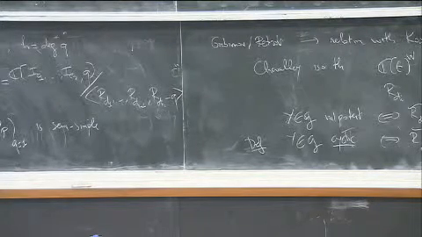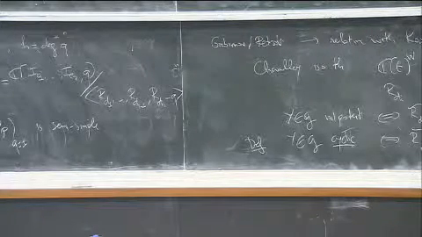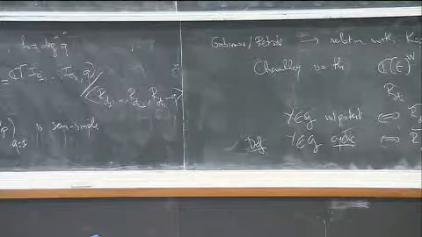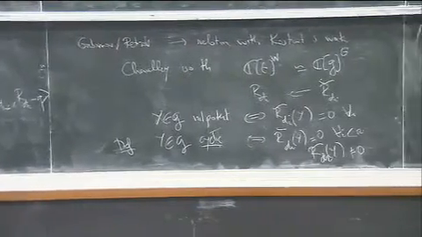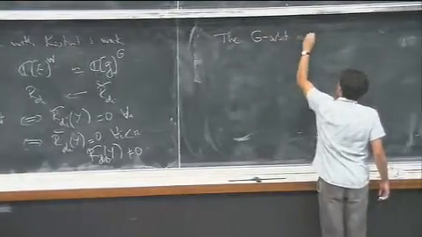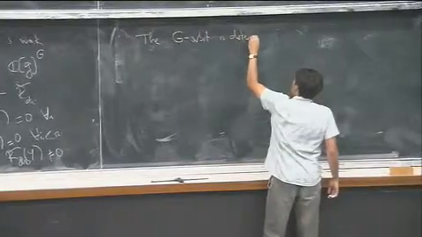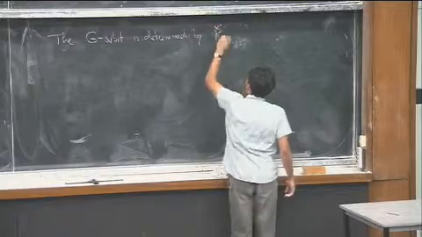And Kostant proved that these cyclic elements are very well behaved. So for example, the G orbit is determined by exactly this non-zero value.